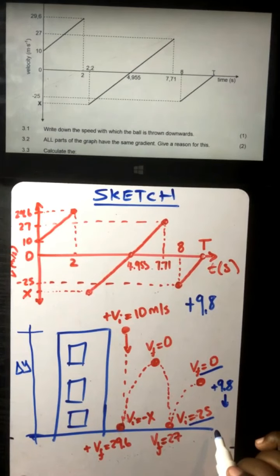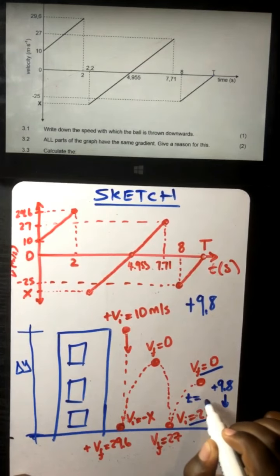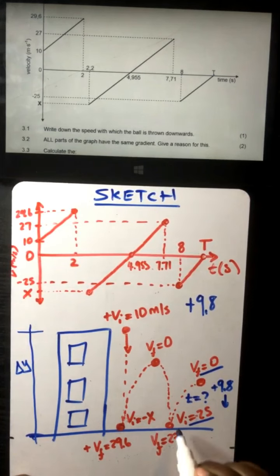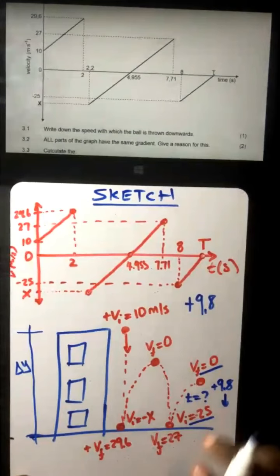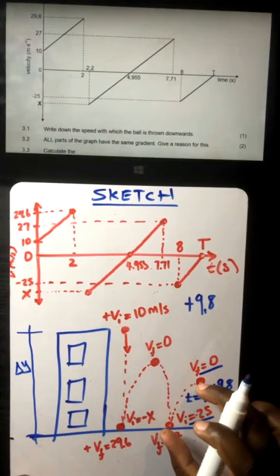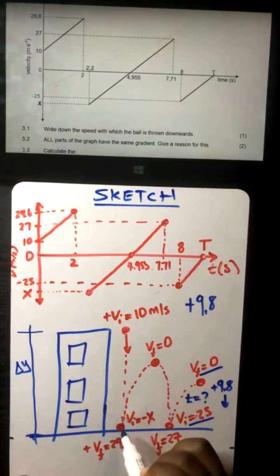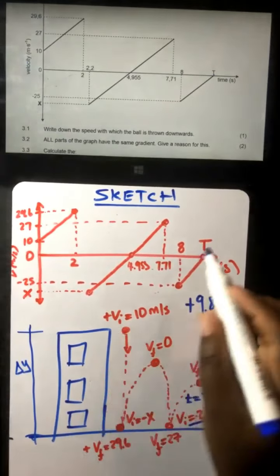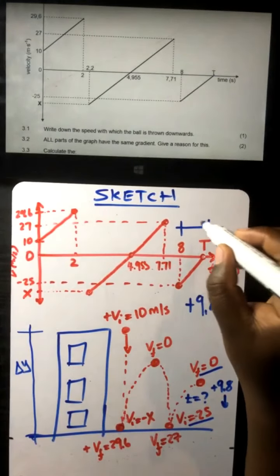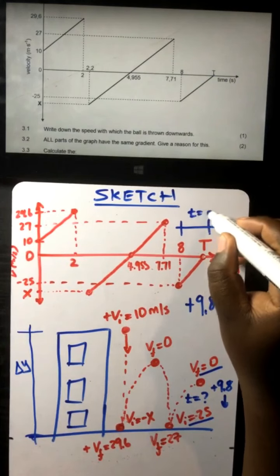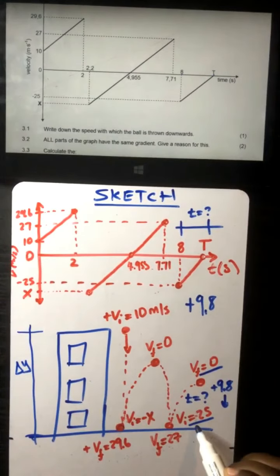But now what I'm trying to do is to calculate the time it takes for this object to bounce and reach that maximum height. If it takes 2 seconds, then I'm going to add that time. This is the time that I'm going to calculate using this information.